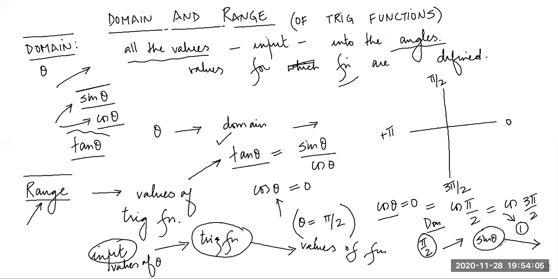All right. So domain, range, and graph of each one of the 6 trigonometric functions are to be discussed now, right? So first we take sine theta. Then we will talk about its domain.